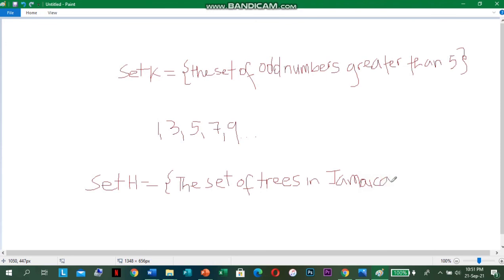So set H is equal to the set of trees in Jamaica. I just have to check my spelling for Jamaica, you know.